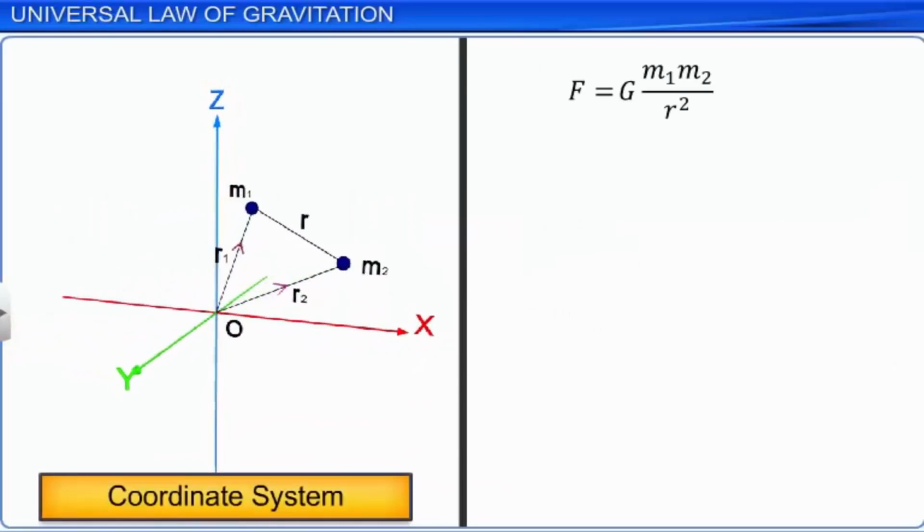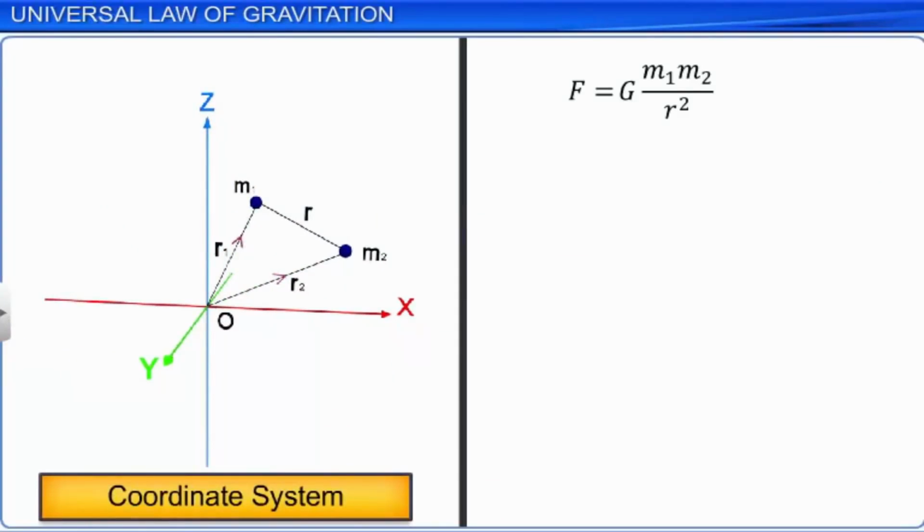Now, let's consider a coordinate system having position vectors r1 and r2.